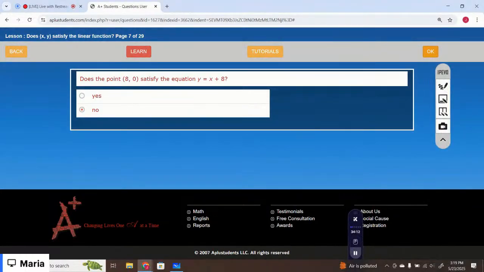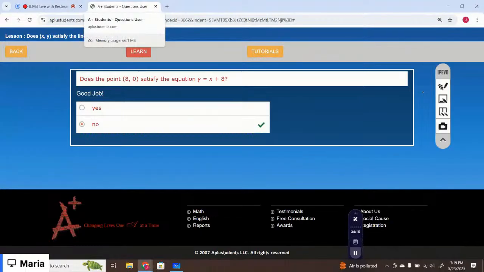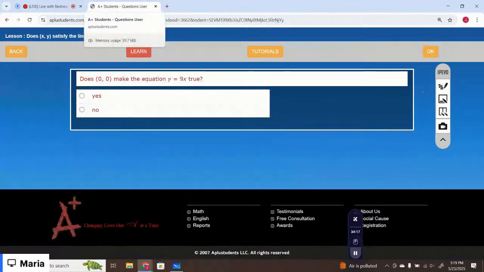Does the point make the equation true? The correct option is yes. It makes the equation true.